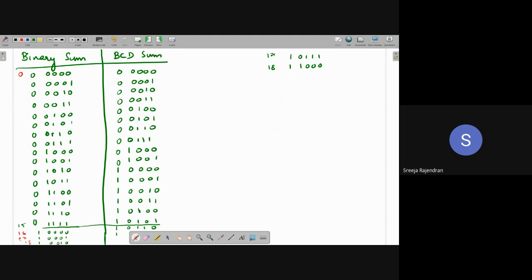Up to 7, we have written it as it is. Up to 7, you can see the sum is the same, and up to 8, 9, it is the same. After that, it becomes 10, right? 1, 0, 1, 1, 1, 2. That way it goes. So the last one here is 1, 8.